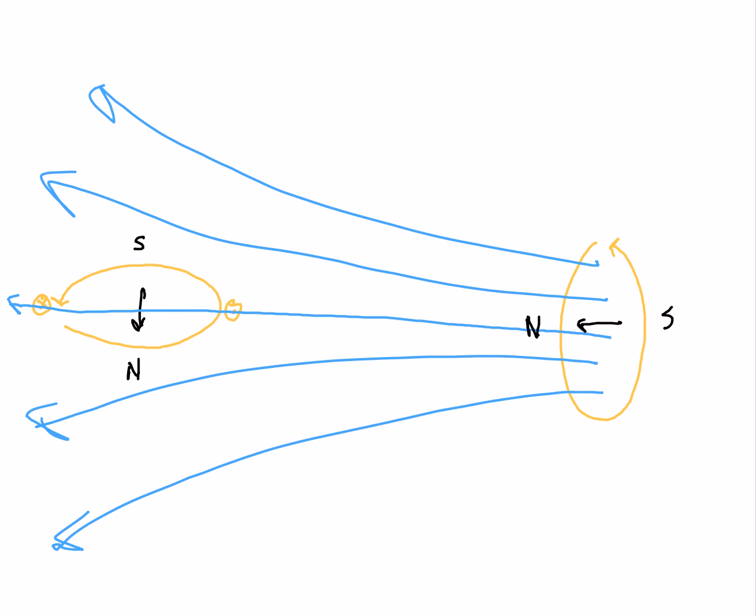The magnetic field from the dipole on the right looks like that, and the Lorentz forces on the leftmost and rightmost parts of the magnetic dipole on the left are going to go in that direction, resulting in an overall torque that will try to rotate the magnetic dipole so that the south pole is closer to the north pole of the other magnetic dipole.